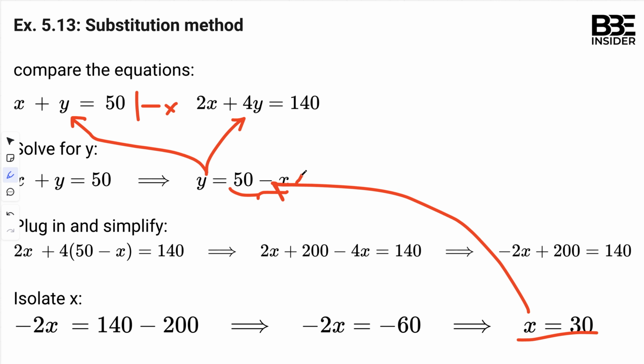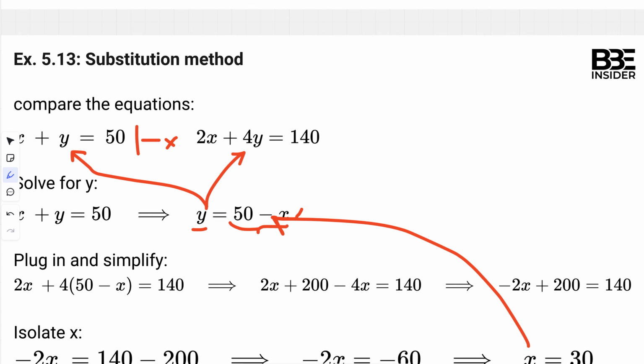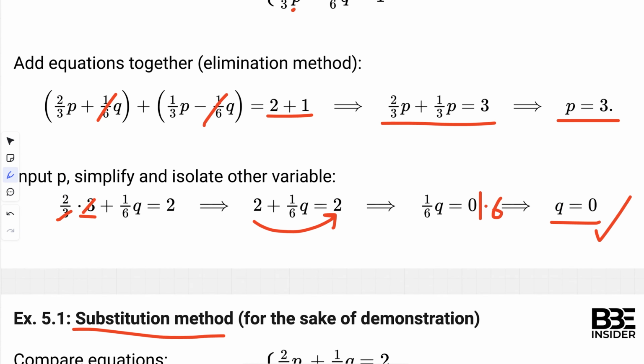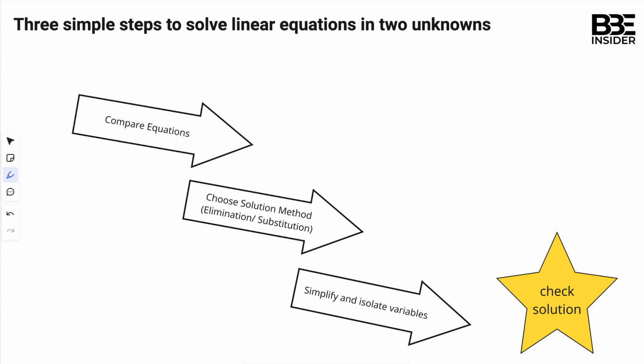I didn't draw it nicely, but 50 minus 30 equals 20, and therefore y equals 20. And we calculated the solution for both our unknown variables, and consequently we calculated the intersection point of our two equations.